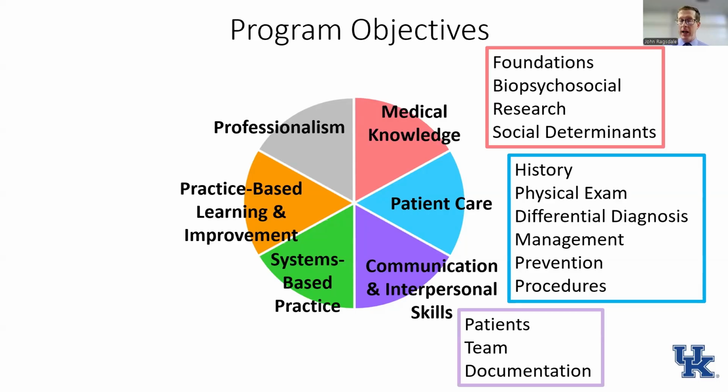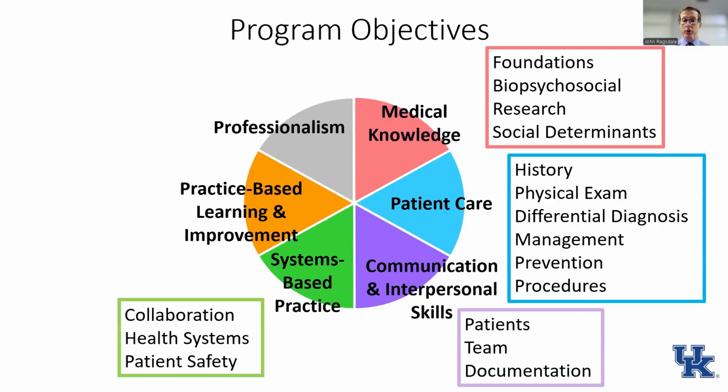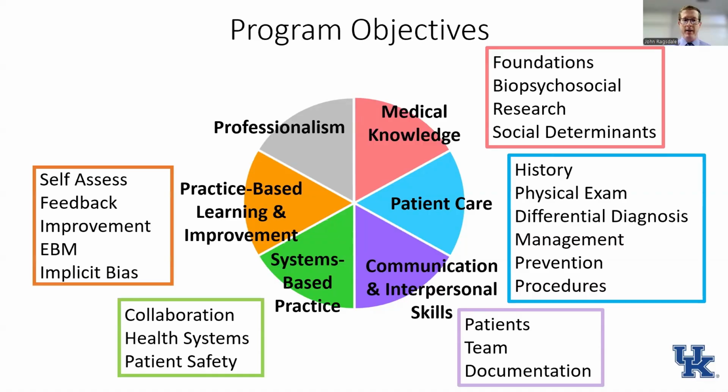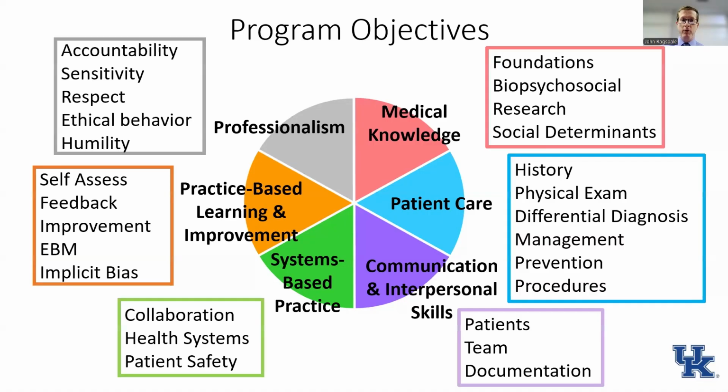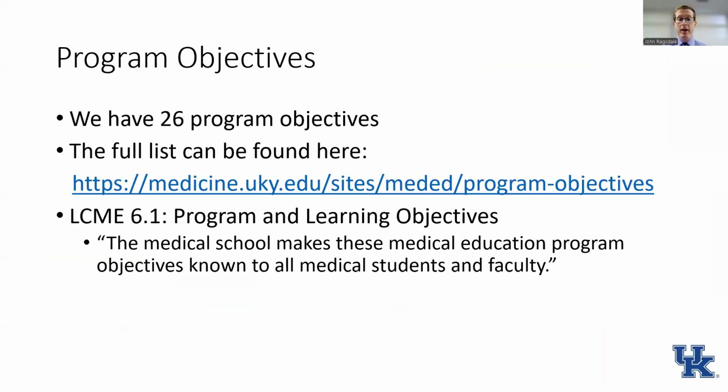We have 3 for communication and interpersonal skills, 3 for systems-based practice, 5 for practice-based learning and improvement, and 5 that speak to professionalism. And I've just put the abbreviations here, but you can see the full list of how the program objectives are worded for each of these. So in total, we have 26 program objectives that govern everything that happens in our curriculum. And so at this link, you can see the full list, see exactly how it's worded, and see them organized by those different 6 big groupings.